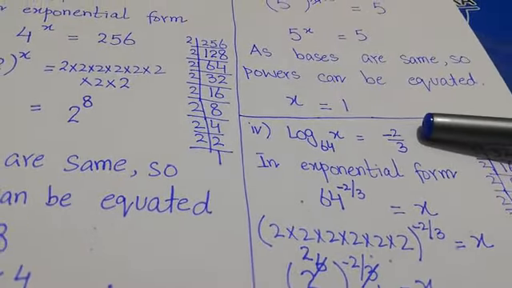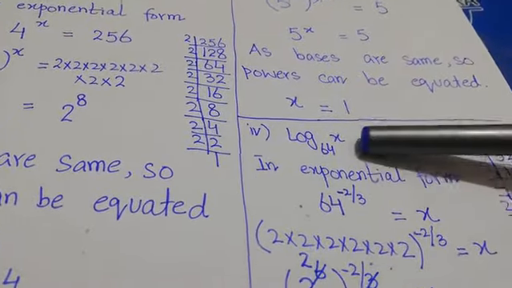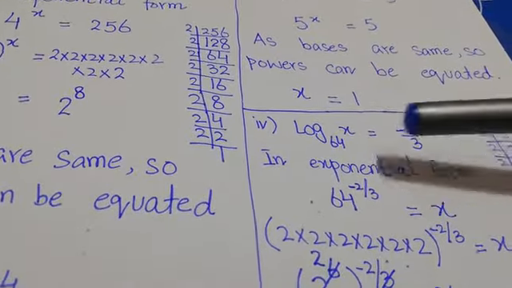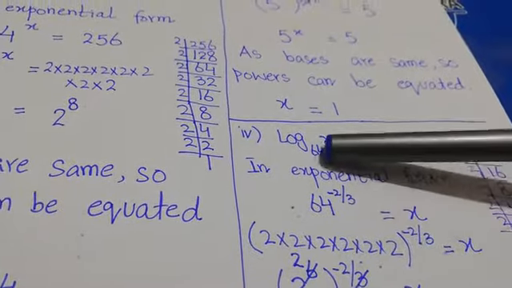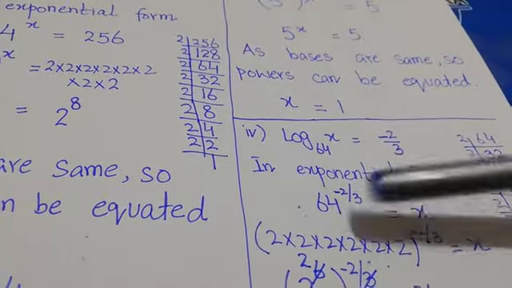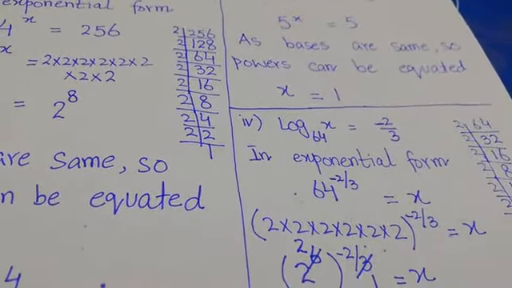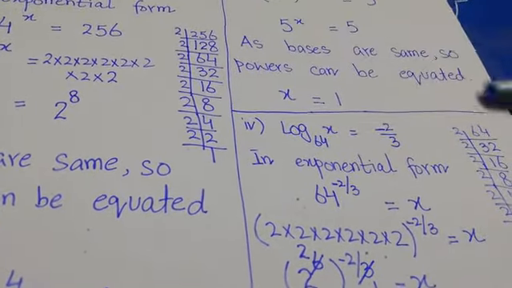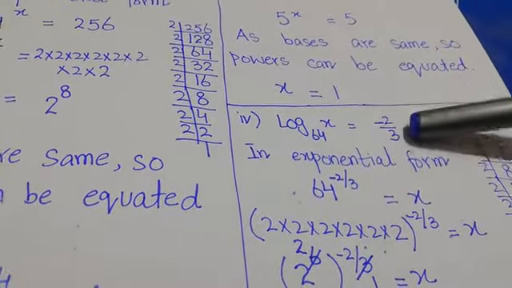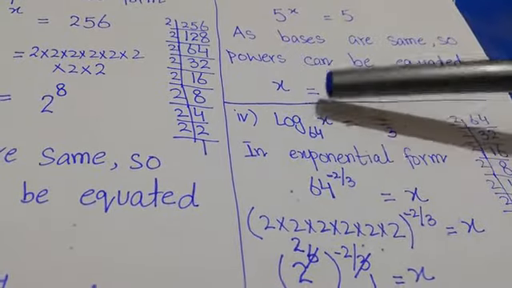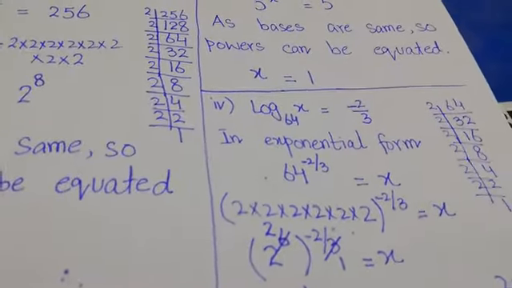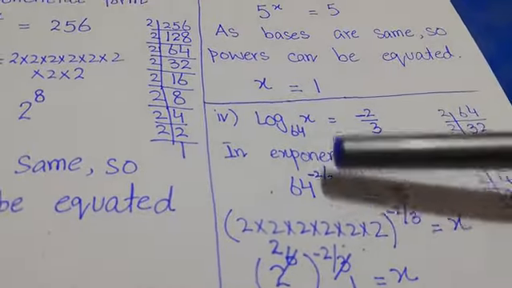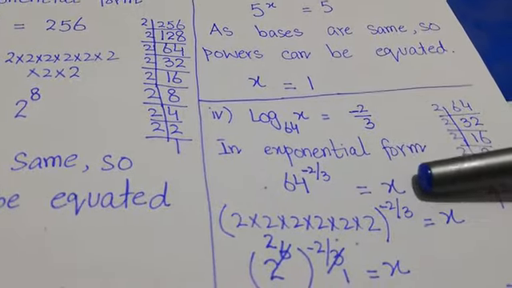Now, if you remember, the first step is to convert this logarithm form into exponential form. When we convert it into exponential form, 64 is the base. Base will remain here, 64. X and minus 2 by 3 will change their positions. So it becomes 64 power minus 2 by 3 is equals to x.